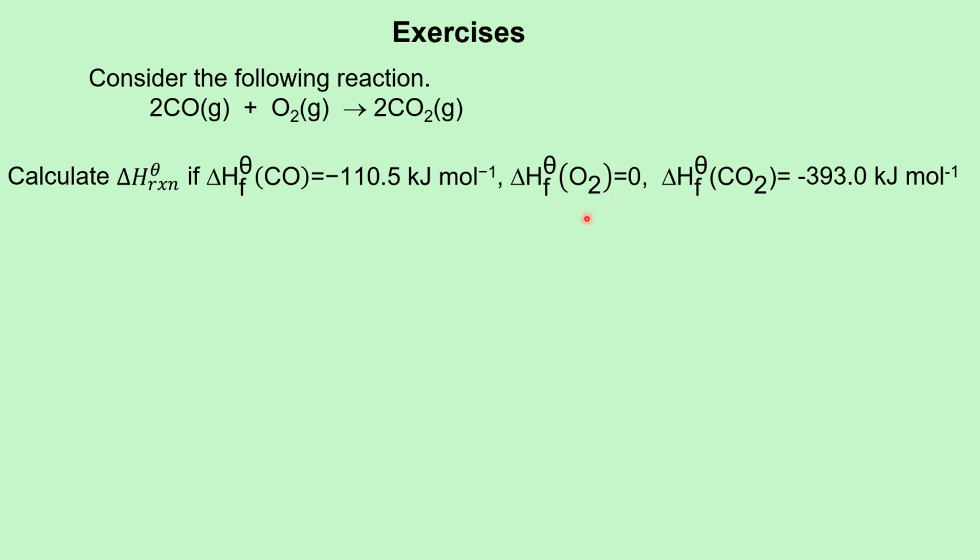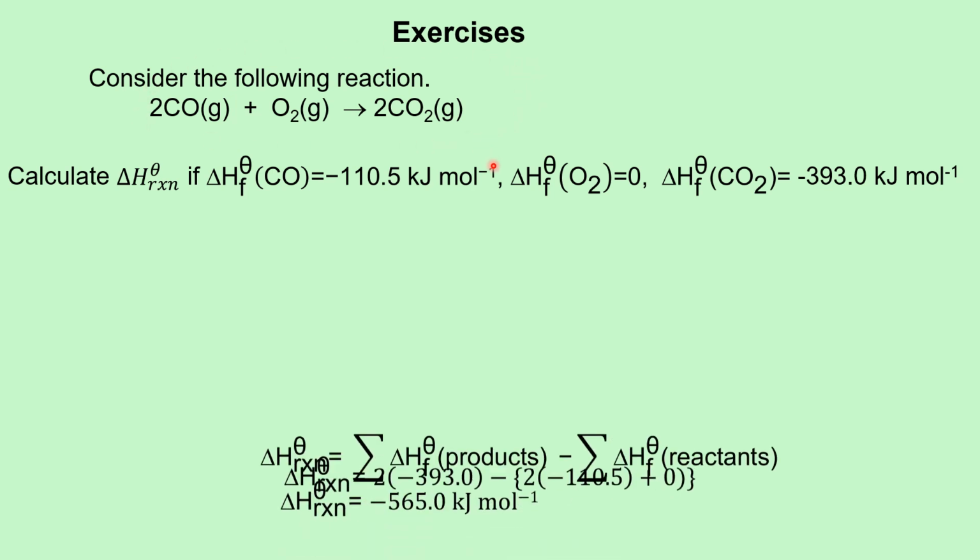Anything that exists in its standard form becomes 0. Okay, so the enthalpy of formation for carbon dioxide is negative 393.0 kilojoule per mole. So by using this enthalpy of formation, you have to find the enthalpy of reaction for this reaction, meaning the formation of carbon dioxide.